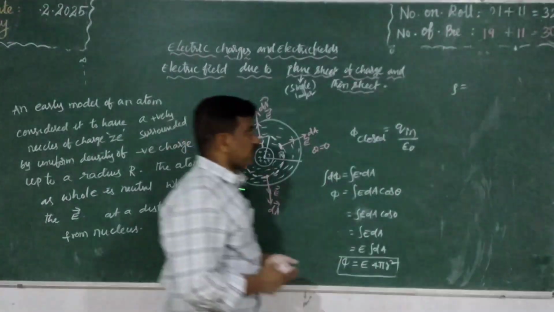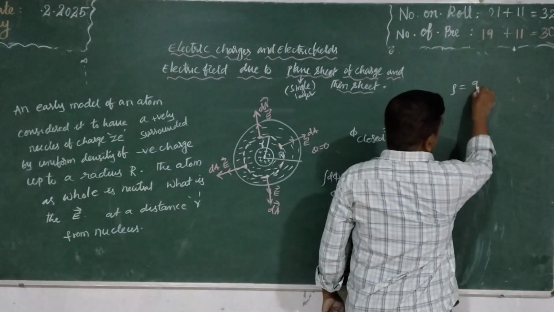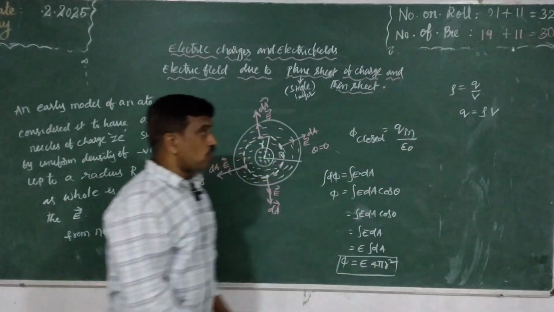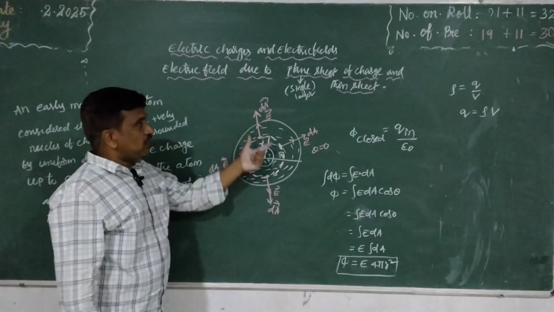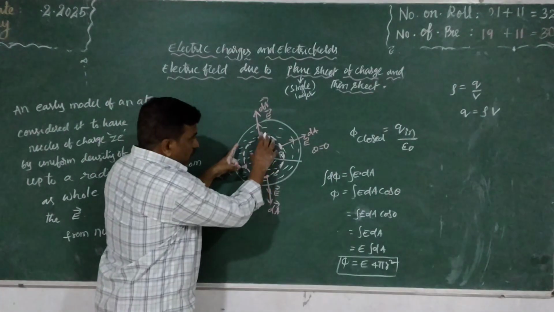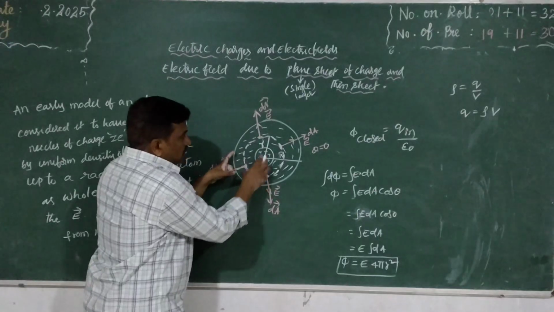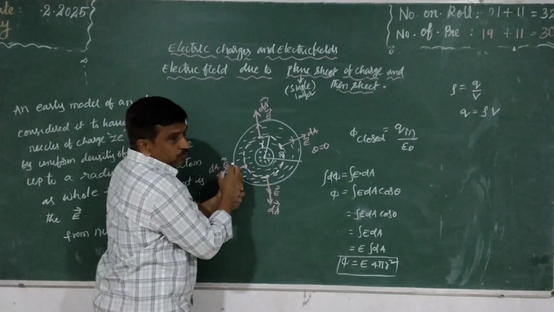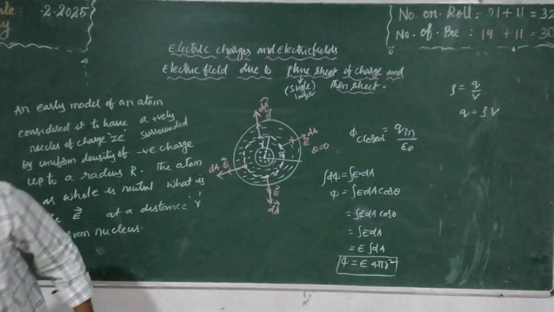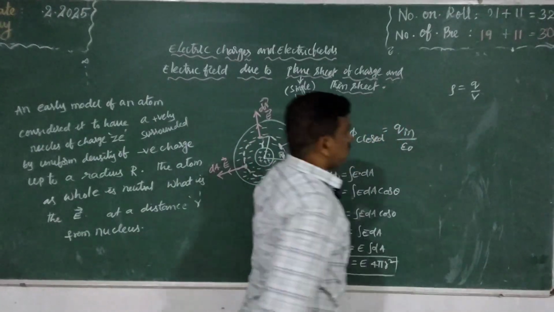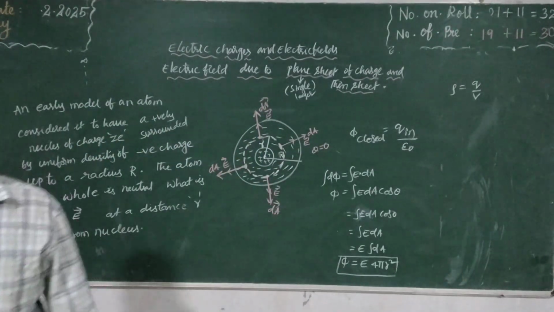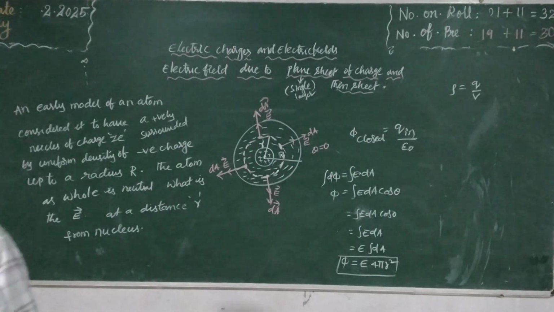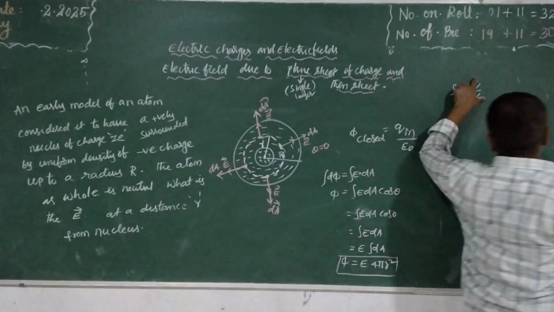Since rho is charge per unit volume, charge equals rho into V. For this Gaussian surface we want the charge. Again, volume charge density means charge per unit volume.